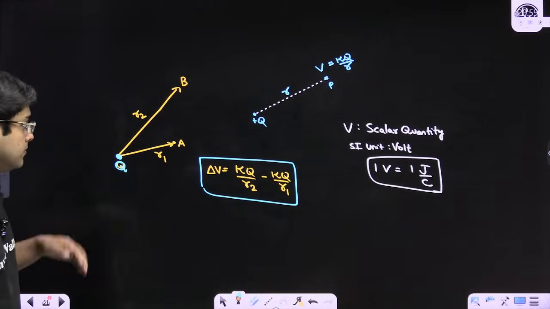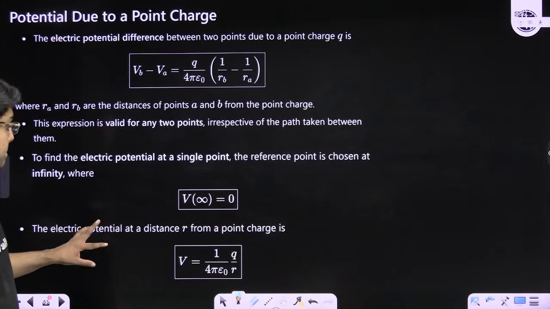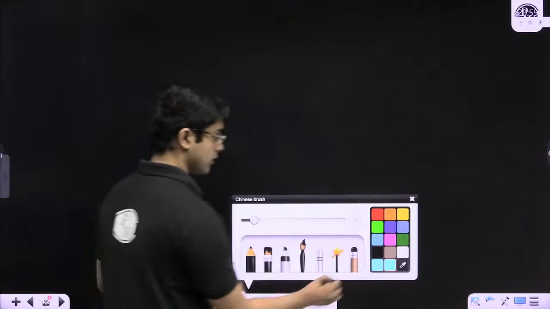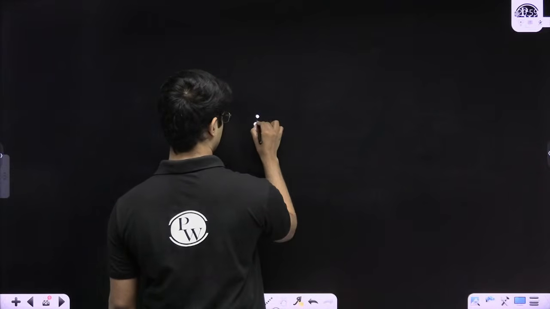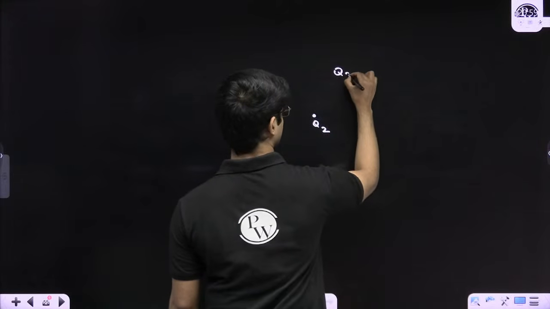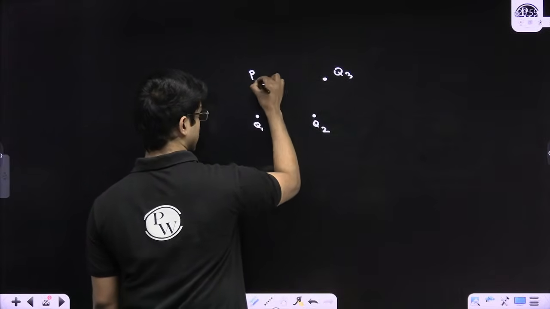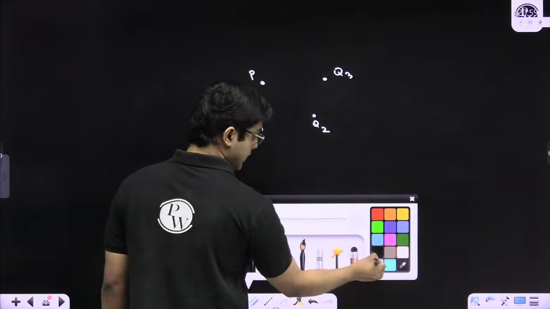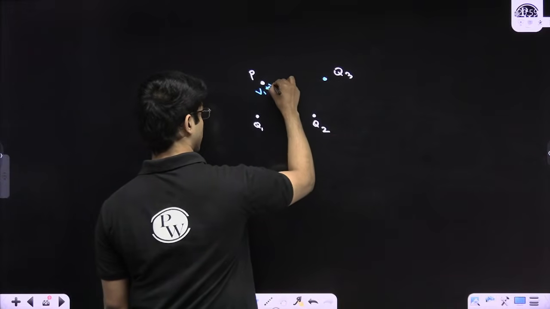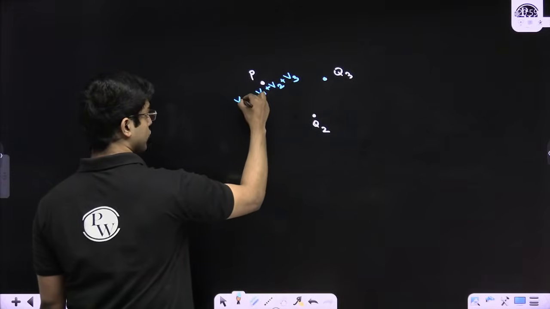Now if you have multiple charges, Q1, Q2 and Q3 and basically any number of charges, and you want to write the net electric potential at some point P, then as it is a scalar quantity, all you have to do is add up their individual contributions, V1 plus V2 plus V3. That will give you the total potential at point P.